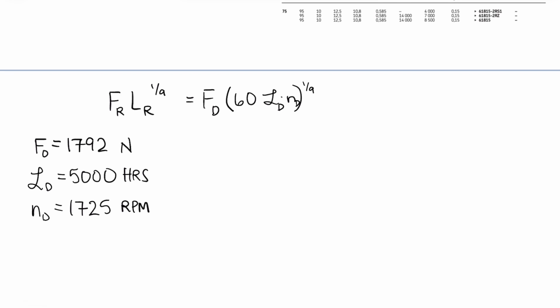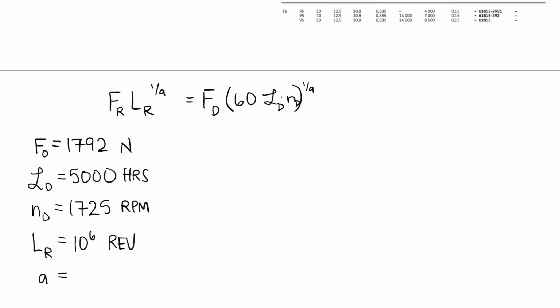And we need two more things to be able to solve this problem. First, we need the rated life, which since we've selected SKF as the bearing manufacturer, we know that this is going to be 10 to the 6th revolutions. That is standard for all SKF bearings in the catalog. And the other thing that we need is A.